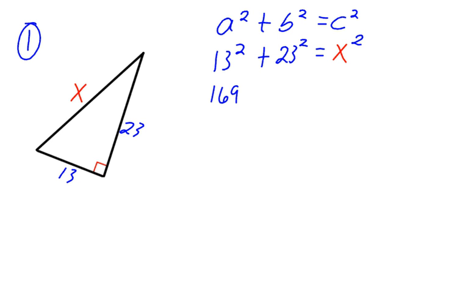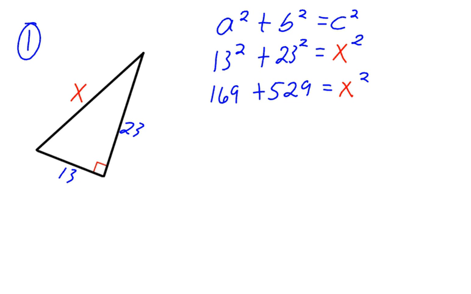Then we're going to calculate the 23 squared, and I'm just going to type that into a calculator. So I get 23 squared, and that gives me plus 529 equals x squared.